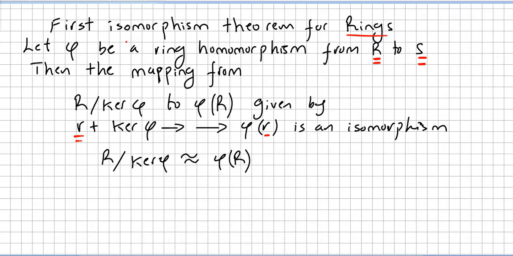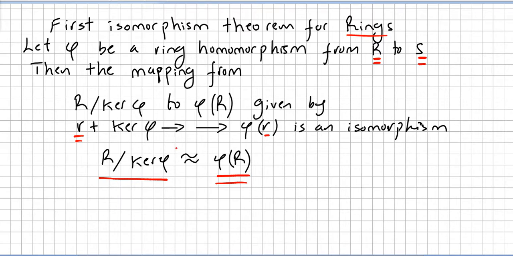I will do these isomorphism theorems in a second in a different way, but basically what we are saying here is that the image of phi is isomorphic to the quotient ring, right? The quotient ring of R by the kernel of phi.